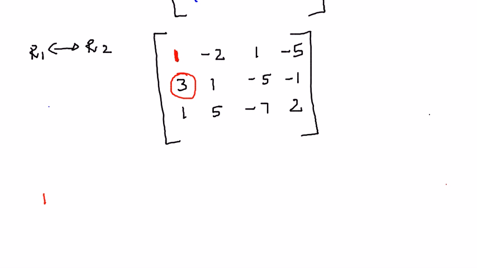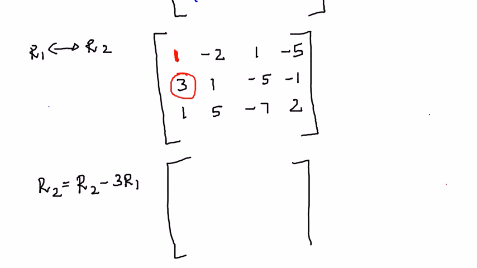So R2 becomes R2 minus 3 times R1. We'll write R1 as it is, 1, minus 2, 1, minus 5, and this has to become 0. So R2 will now become R2 minus 3 times R1.